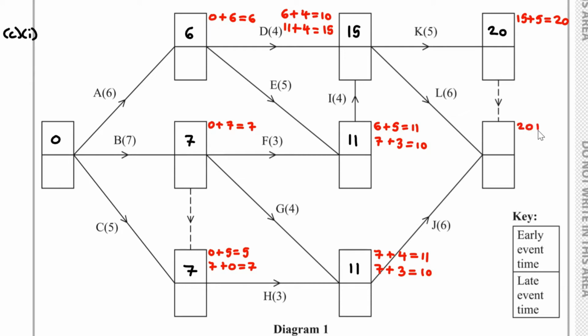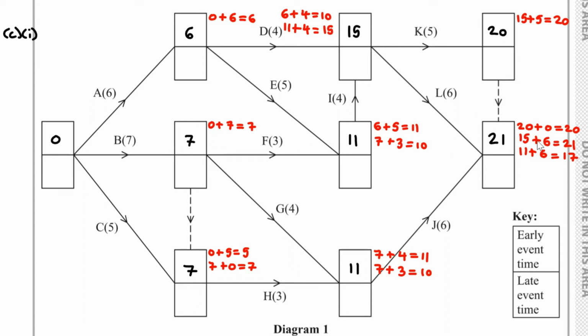So we've got 20 plus 0, which is 20. Or we have 15 plus 6, which is 21, or we have 11 plus 6, which is 17. We choose the 21.